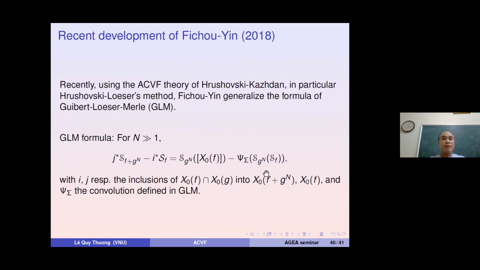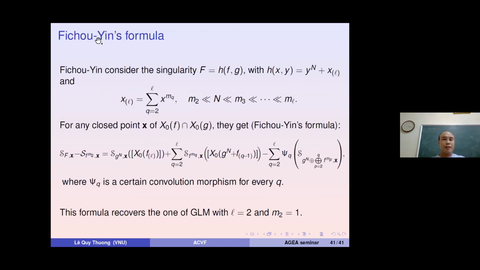Fichou and Yin want to consider the singularities, and not a function, just the local singularities of the form f to the power n plus g to the power n plus f to the power m, with more conditions on the powers.